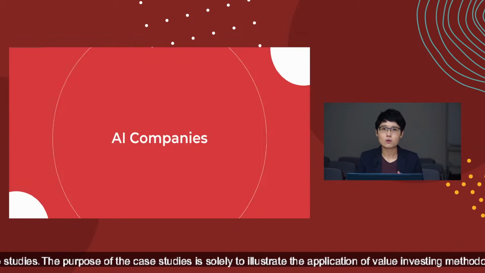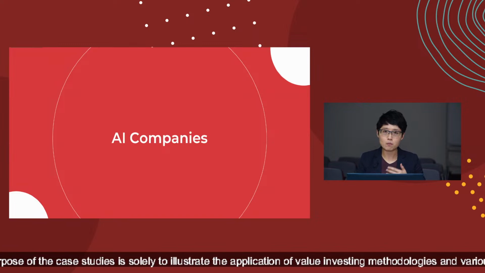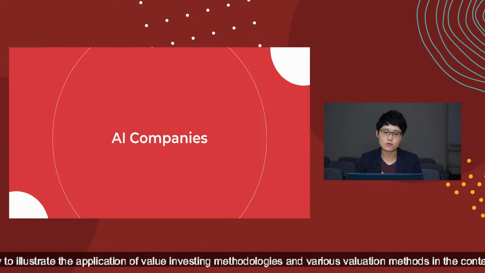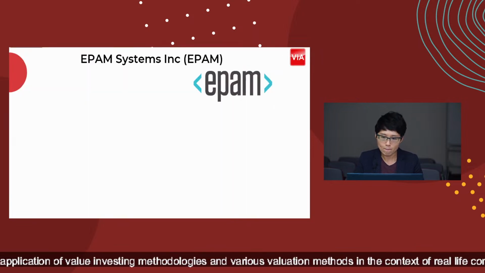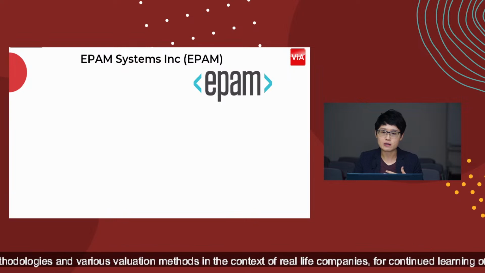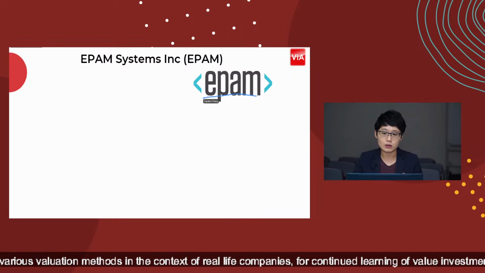Okay, so we already found out more about Microsoft. How about the 3 other companies that are also involved in the AI space? The first one that we found is EPAM Systems, which is a company that I was not aware of until I did this research.